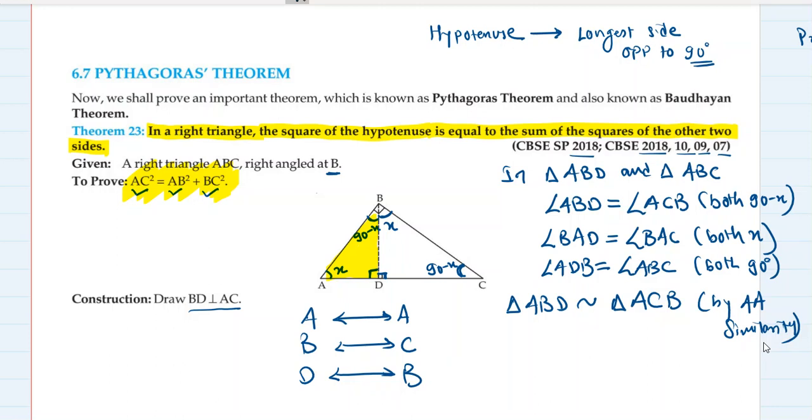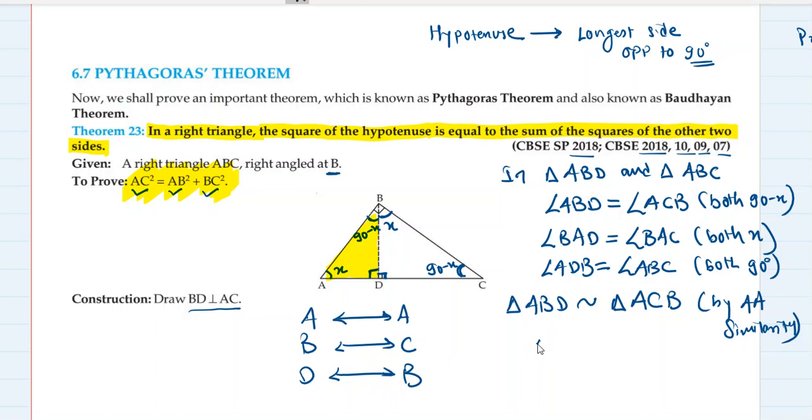Okay, so here we have proved that this small yellow triangle is similar to the big triangle ABC or ACB. Okay, now what we have to do is we have to make one CPST pair, that is pair of proportional sides. We have to find the ratio.